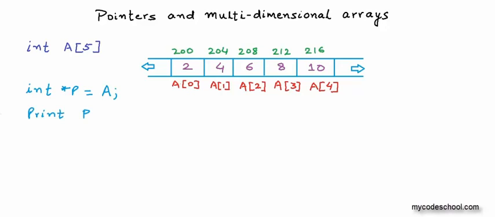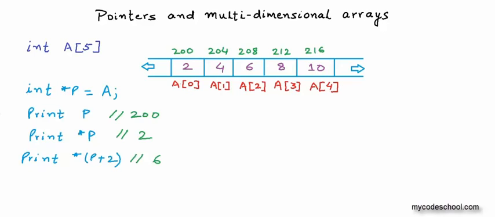If I would just try to print the address stored in p, and I'm not using full printf statement here, my output will be 200. If I would simply try to dereference p, then output will be 2. If I would try to print something like asterisk p plus 2, then output will be 6.